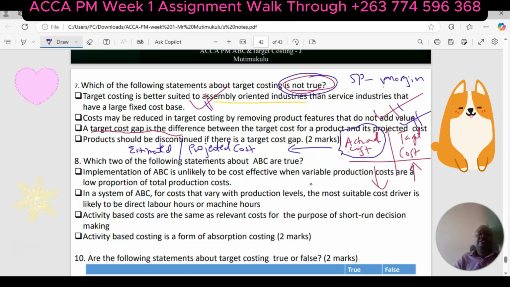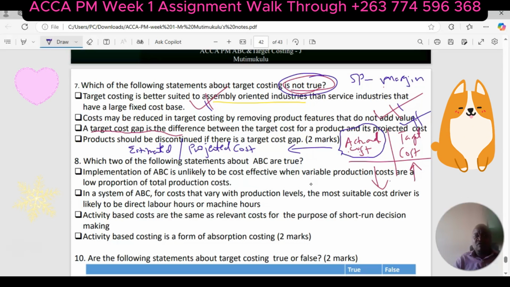Then the last point there, product should be discontinued if there is a target cost gap. Well, if there is a target cost gap, we normally do not start by discontinuing the product unless it is impossible to reduce the target cost gap. And there are methods of reducing.